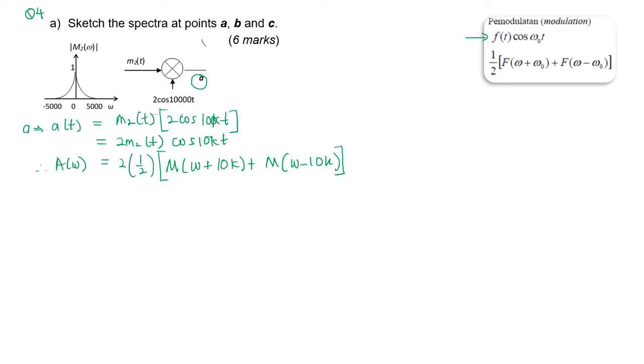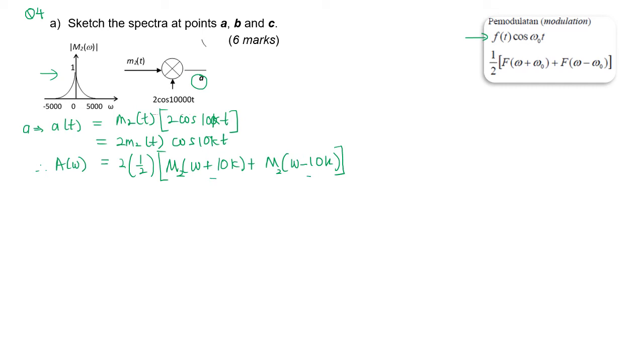But the question asks you to sketch. So the M in this case is M2. Given M2(omega), one copy of the signal is shifted to the left and one copy is shifted to the right.